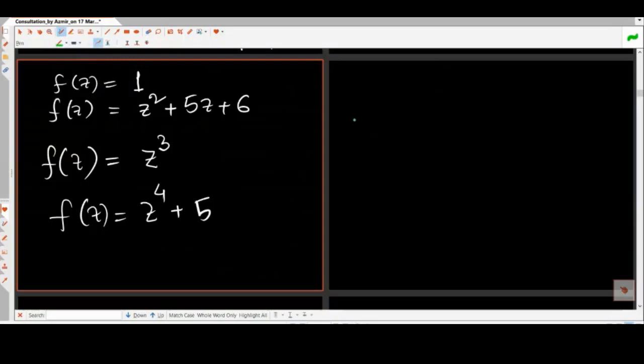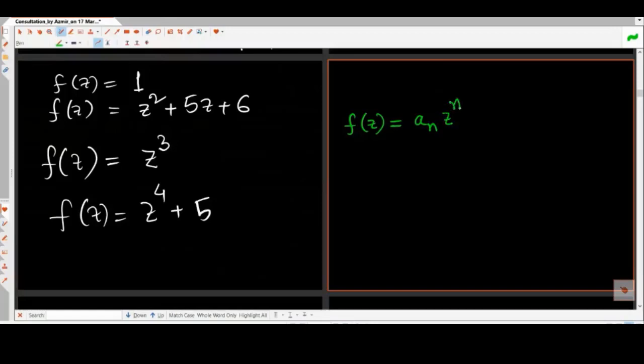So in general, we can write that polynomial functions are f of z equals a n z power n plus a sub n negative 1 z power n negative 1 plus up to a1 z plus a naught.